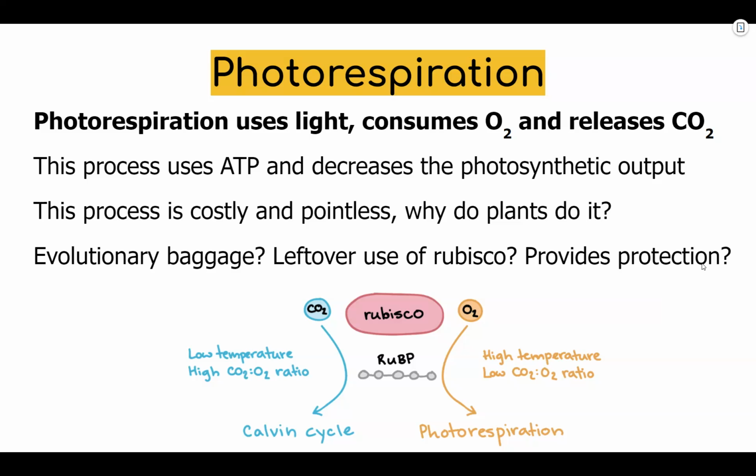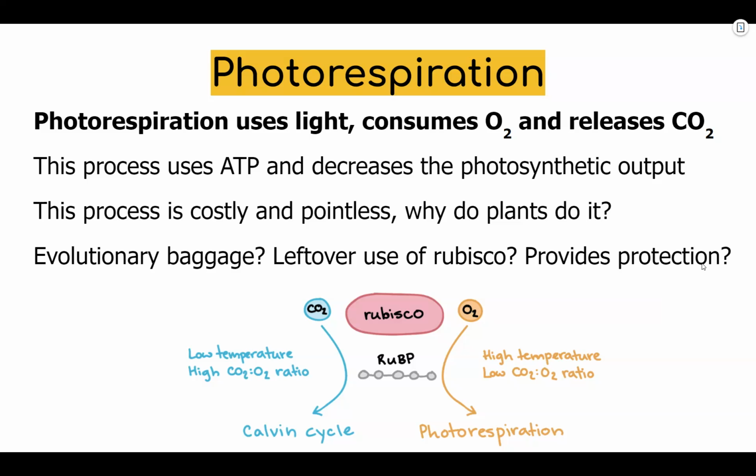So Rubisco was doing multiple things in the cell before it found its real role in the Calvin cycle. Others think it provides protection by using up that oxygen buildup before the oxygen starts causing damage in the cell, because oxygen can cause damage in a cell. So some people think it's just damage control, getting the oxygen concentrations down so stuff doesn't go awry.